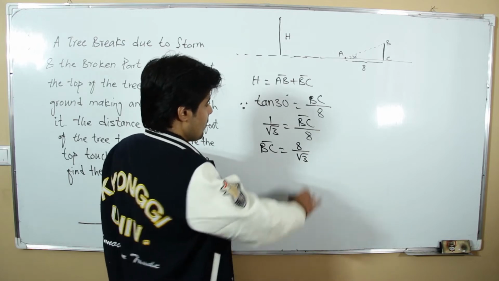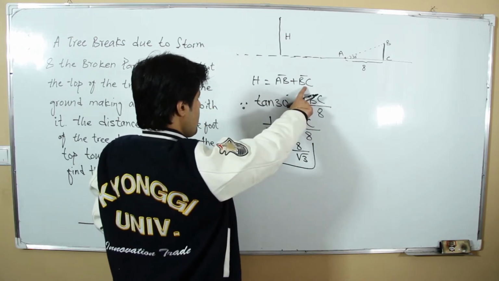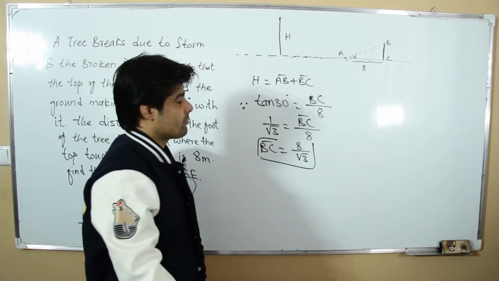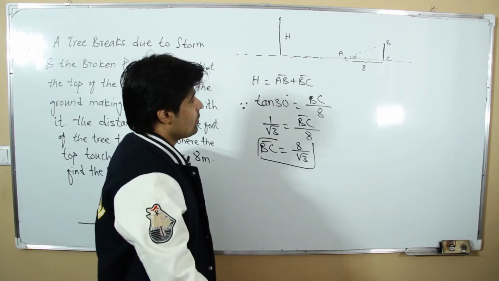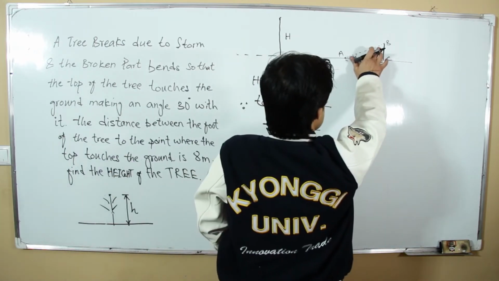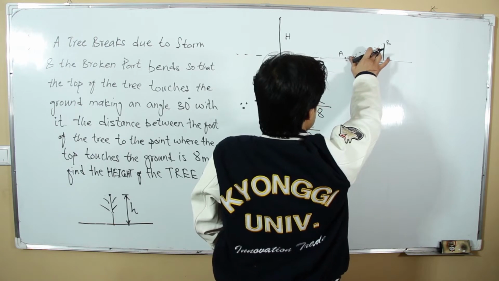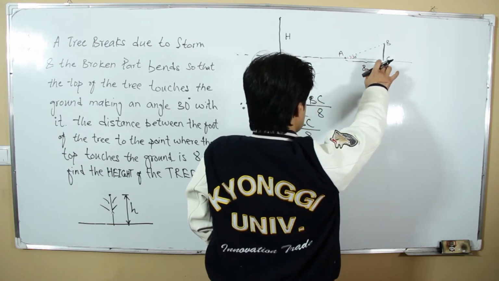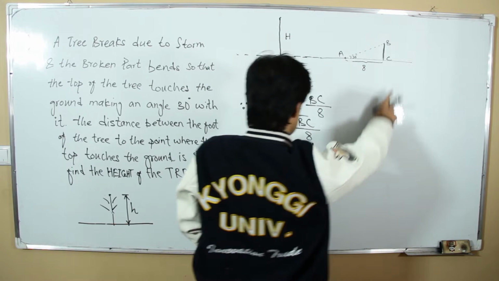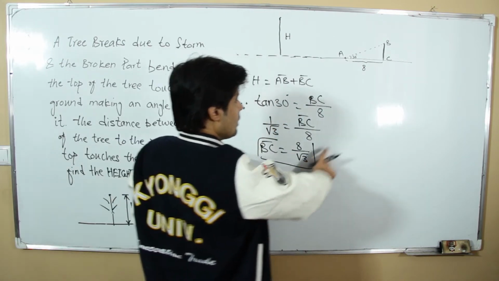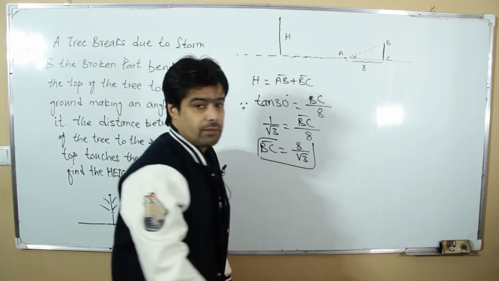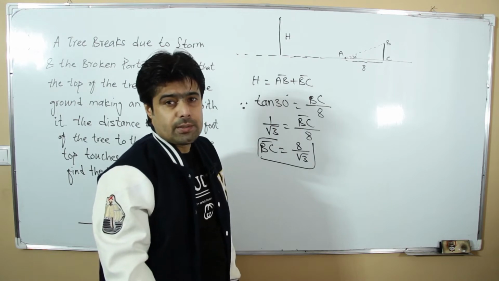Yes. Now BC you have found. Now you have to find AB. How should we find AB? AB is our hypotenuse, and BC is also given, which is 8 divided by root 3, and the adjacent is also given. Now it's your choice.